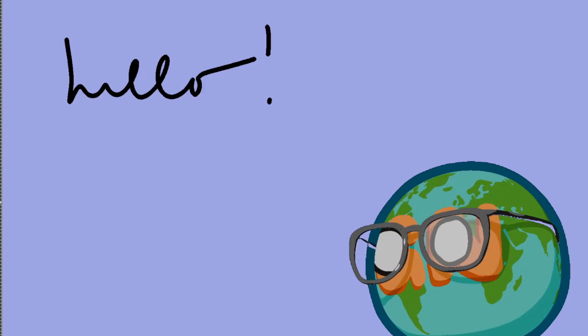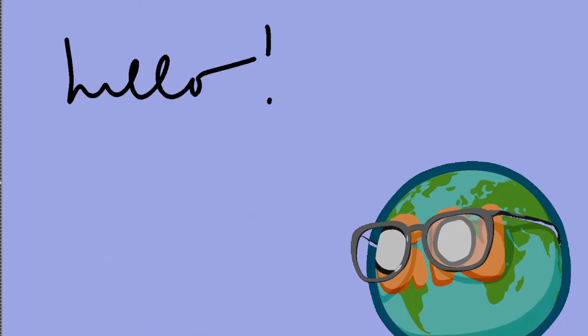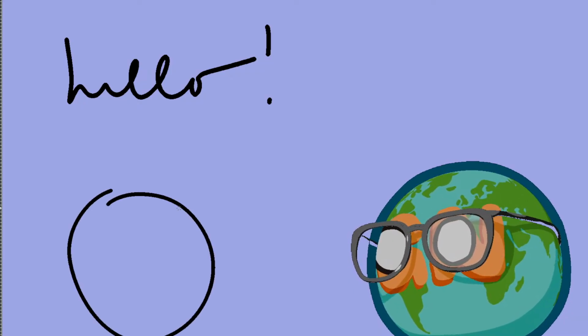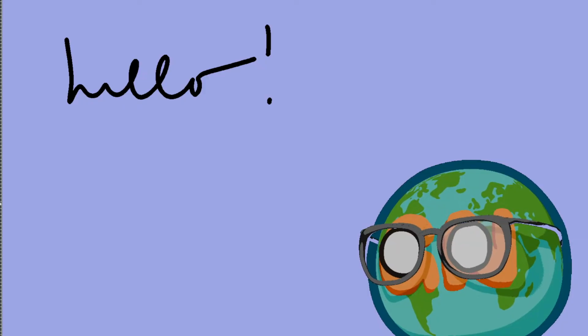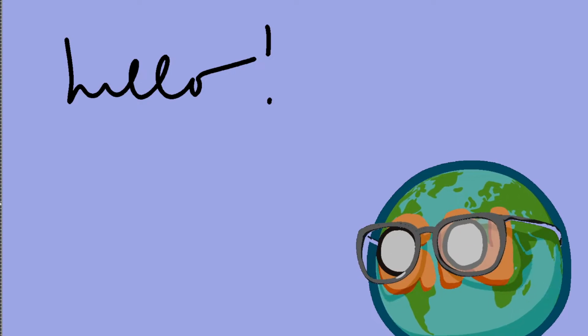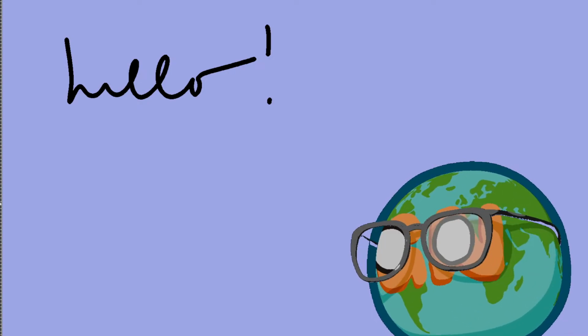But let's see here. What should we draw today? I'll probably erase all of this, but can have fun. Actually, I'm gonna add a new layer. Draw Nepal and Ohio. Okay.